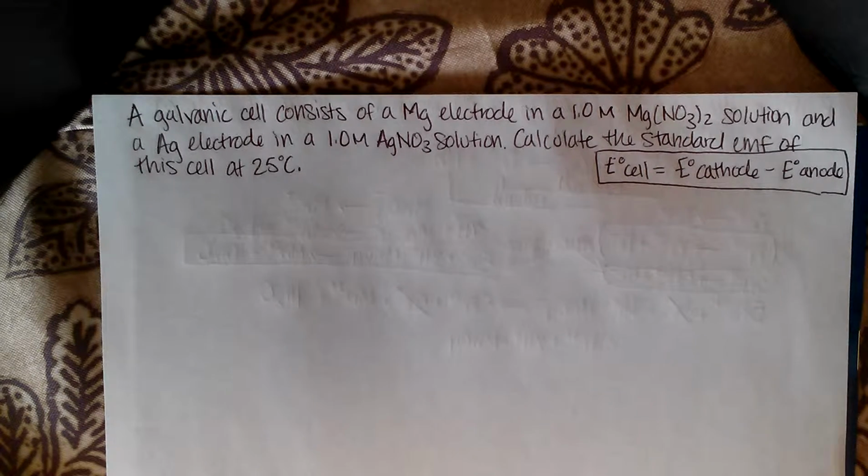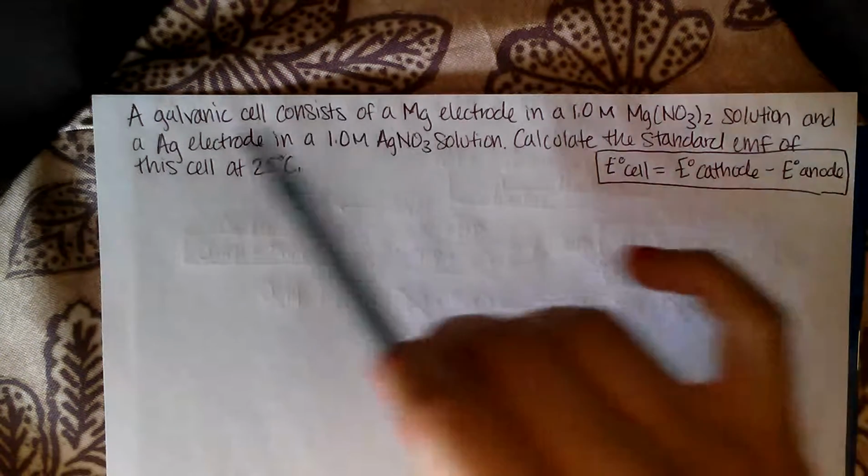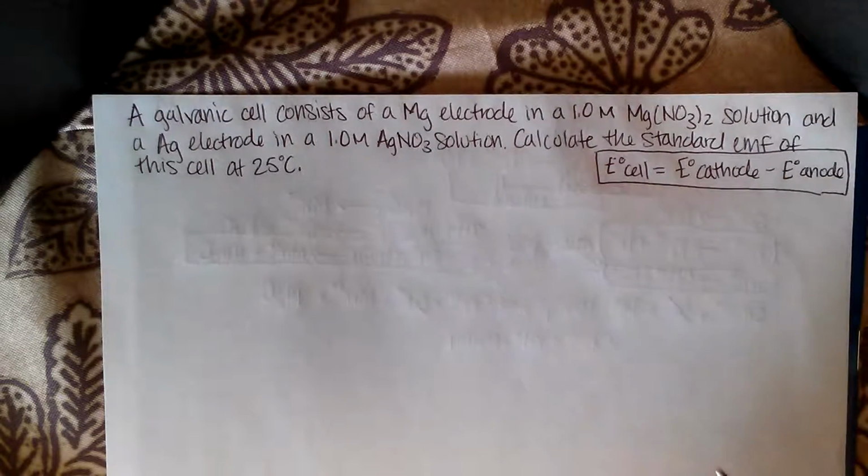So first step, so now we're actually going to start working it. First step is to write out the standard reduction potentials of both Ag and Mg. These values are nothing you calculate. They should be given to you in some sort of table.